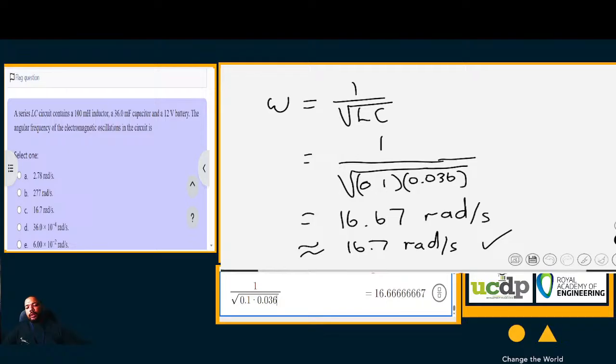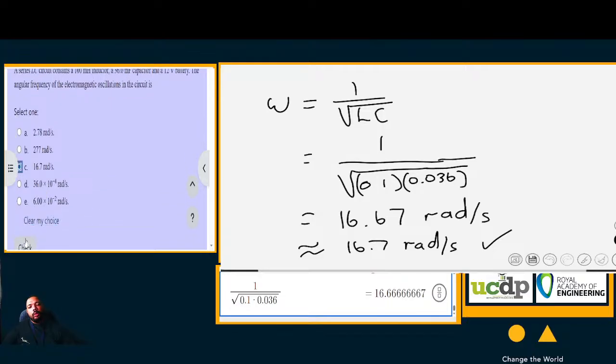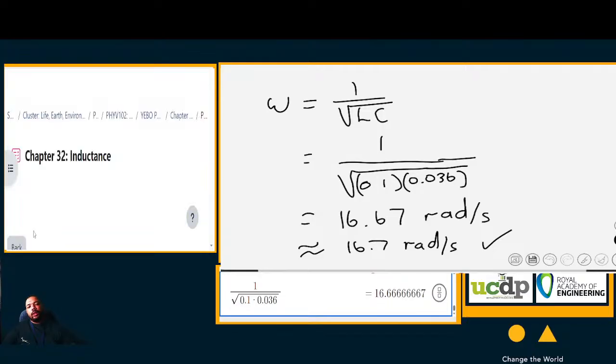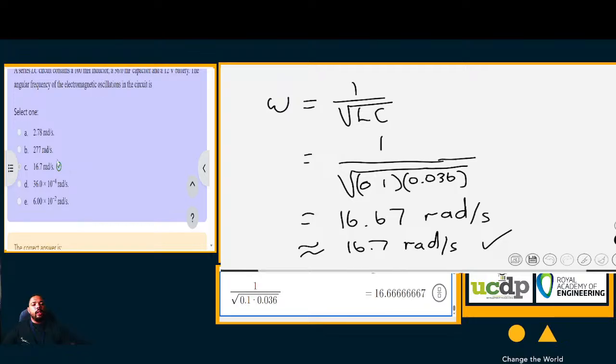Let's check and see if any of our options give us 16.7 radians per second. There we have one. If we check it, there is a green check mark next to it, meaning it is indeed correct. So we've calculated the angular frequency.